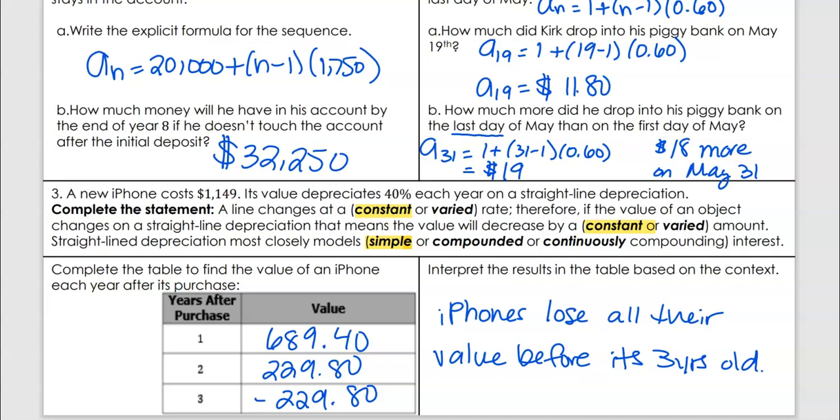If we were to use one of our equations for this one, we could use the recursive formula. We could do A sub N equals A sub N minus 1 plus 1149. Technically you were using your recursive formula. Okay, that's not right. I'm trying to rush because the bell's ringing.